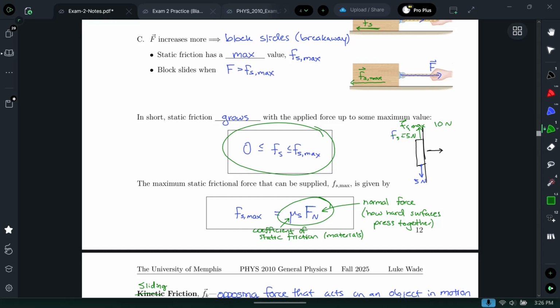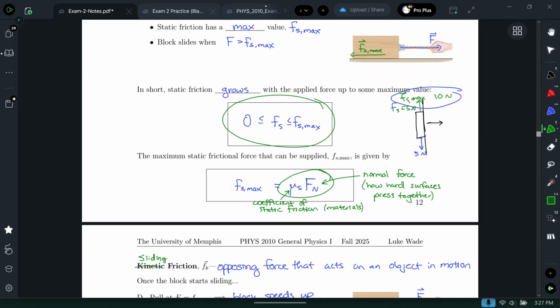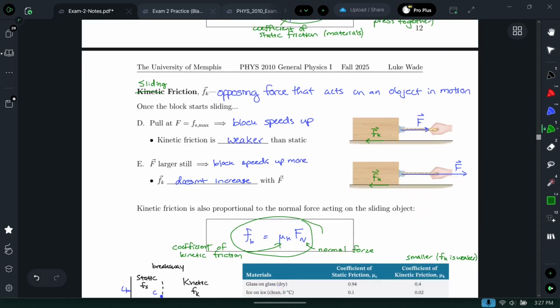If the book is 10 newtons, static friction is 10 newtons. If the book is 11 newtons, though, that's more than what static friction can do. It's not capable of it. And at that point, that's when the book's going to start sliding. And then the value of that frictional force will drop off to some new fixed value. So it'll maybe drop off to 6 newtons, and that definitely cannot stop that 11 newton book from sliding.